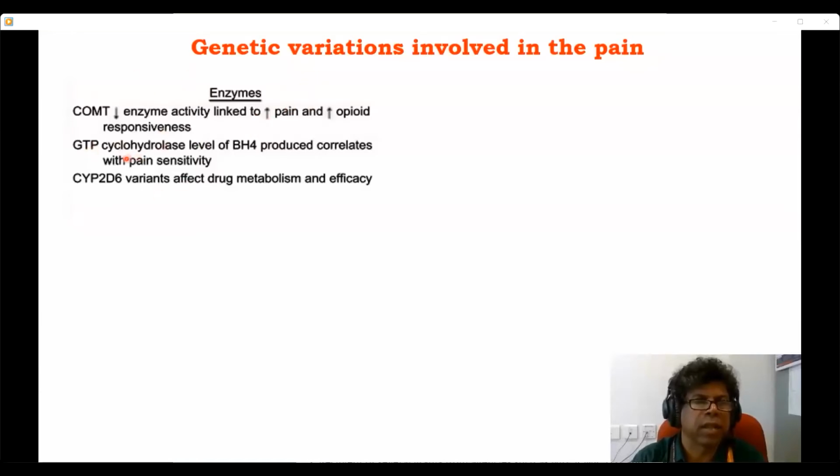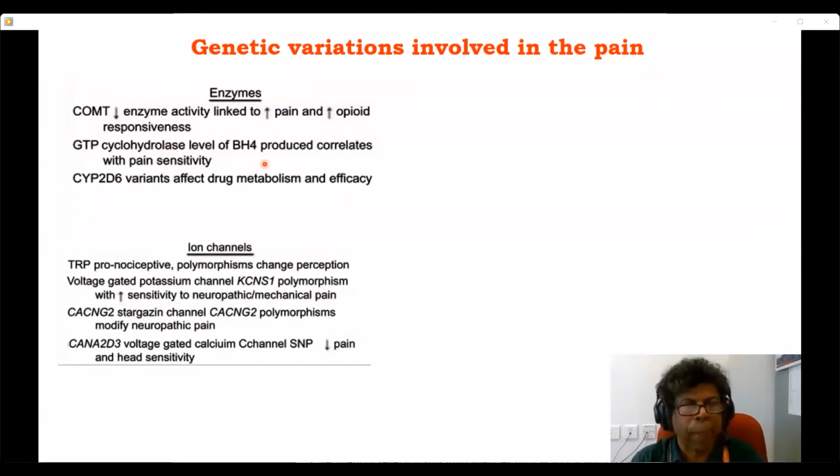This is another enzyme, GTP enzyme, where pain sensitivity correlates with expression of this particular enzyme. And CYP2D6 variants are one of the widely studied and used markers in pharmacogenomics for pain medications and how they affect drug metabolism and efficacy.